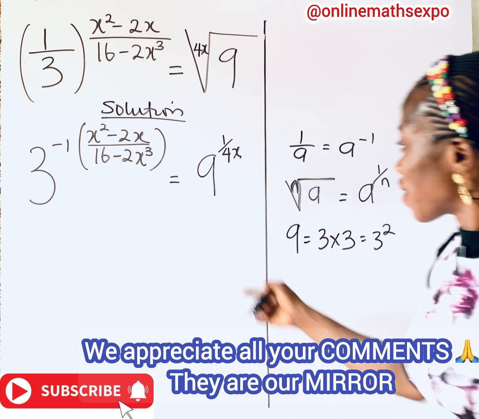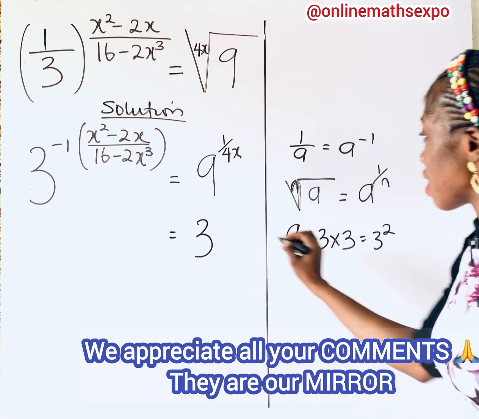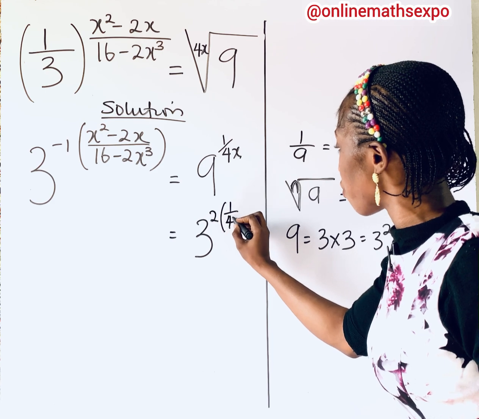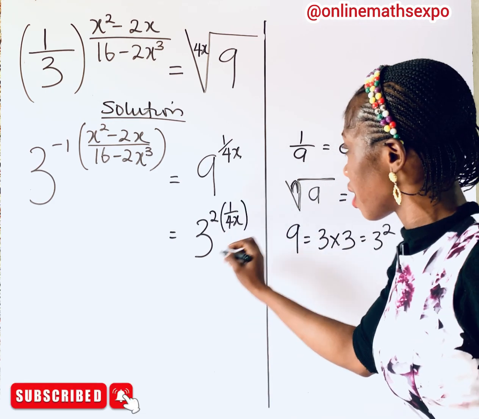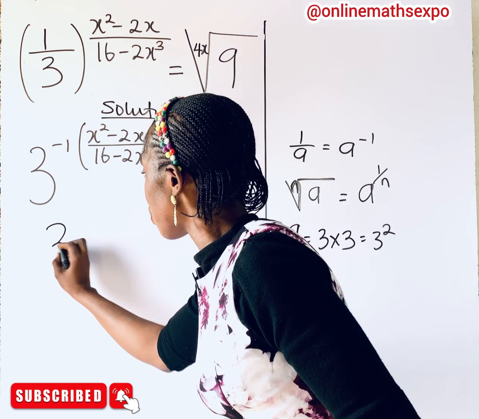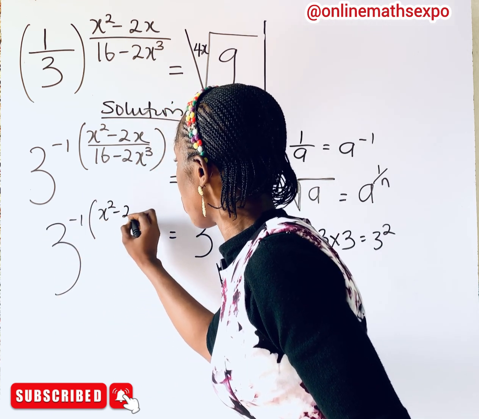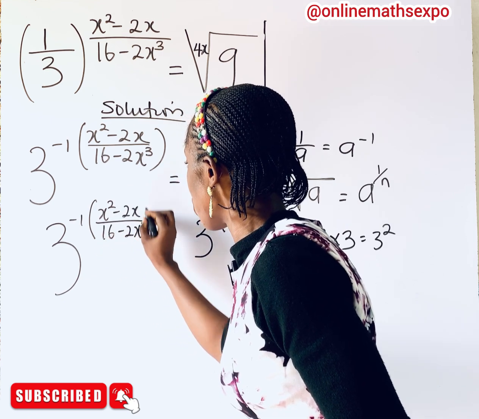Amazing. So we are going to now have 3, for 9 is 3 squared, then we raise it to the power of 1 over 4x. Did you see that? So you close the brackets and you bring down 3 raised to the power of -1 into x squared minus 2x all over 16 minus 2x cubed.